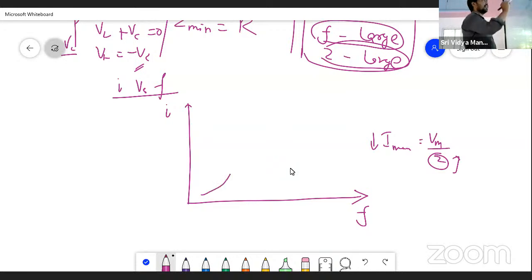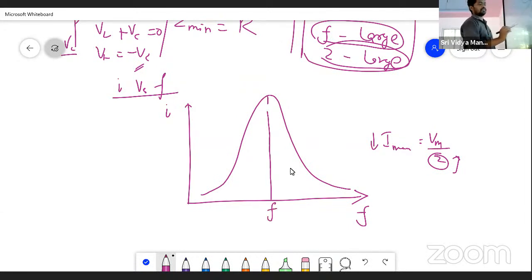Reaching this point, we get the current graph. This is the resonance frequency condition FR, with FA at low frequency and this is FB.